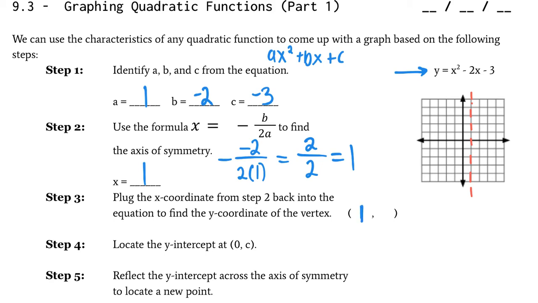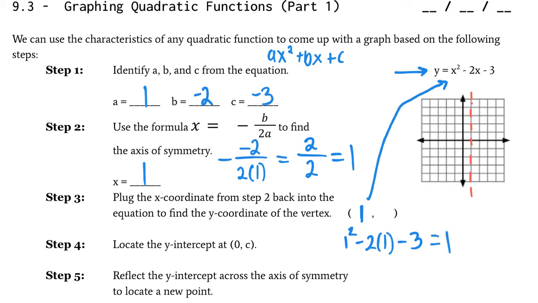All right, now you might be wondering, well, how do I find the y value? Well, if we look up here, we have an equation that y equals something with x's. So we can plug 1 in for x, and our output will be the y value. So 1 squared minus 2 times 1 minus 3. Everything is the exact same that it started with, except instead of x, I've replaced it with 1.